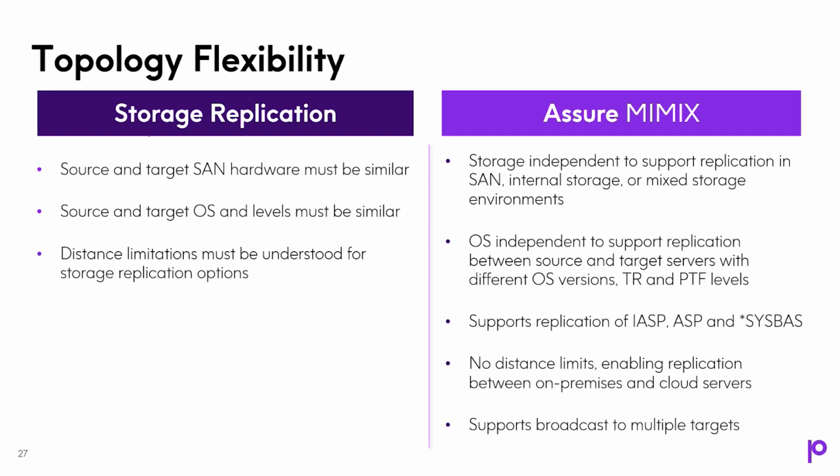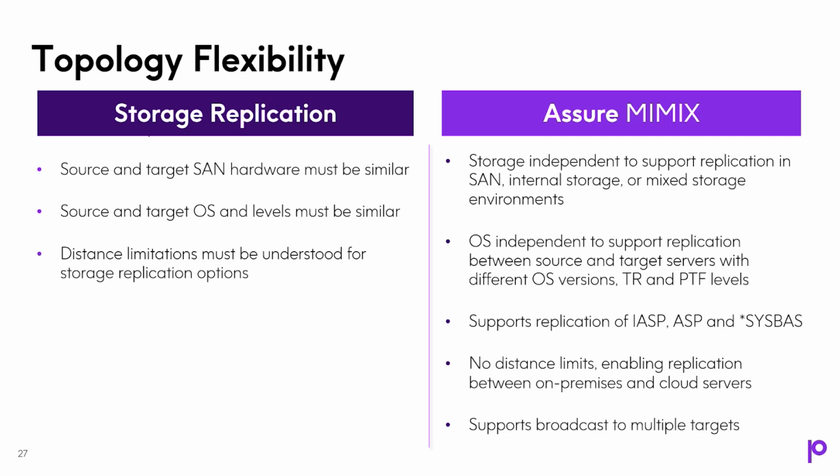Let's talk flexibility of topology. So, Bill mentioned some of this stuff. Basically, everything needs to be compatible and similar. Source and target SAN hardware, source and target OS levels must be similar. There's distance limitations because storage replication uses more bandwidth. But if we compare that to logical replication Mimics, a lot of that goes away.